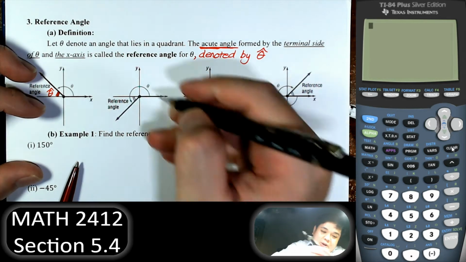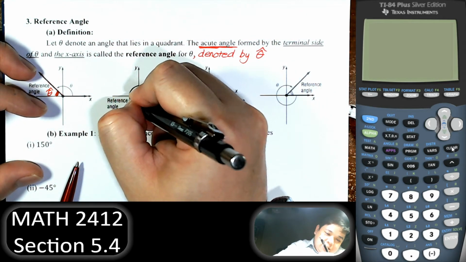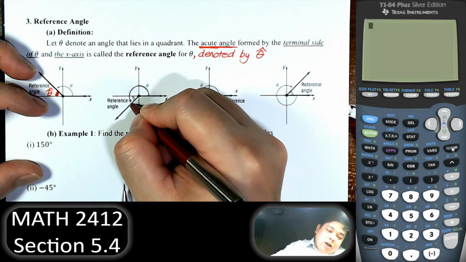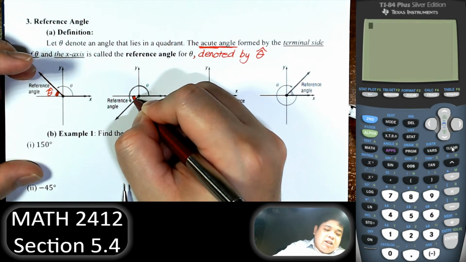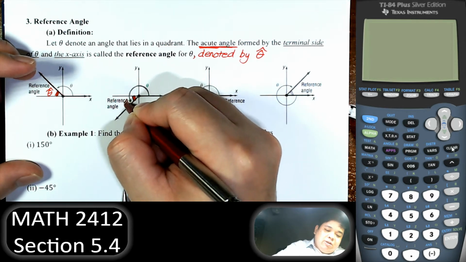If we have an angle that goes this much, the reference angle is formed by the terminal ray and the x-axis, either positive or negative. In this case, that is the reference angle.